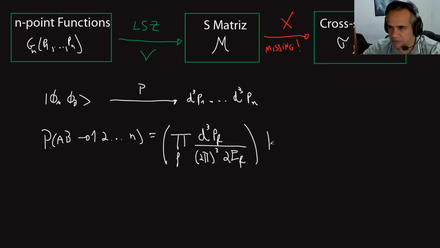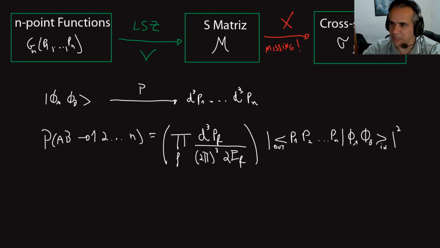And in here, of course, I'm putting p1, p2, ... pn out, and |φ_A φ_B| squared, right? I'm taking the amplitude that I had from the S matrix and I'm taking the square of it.